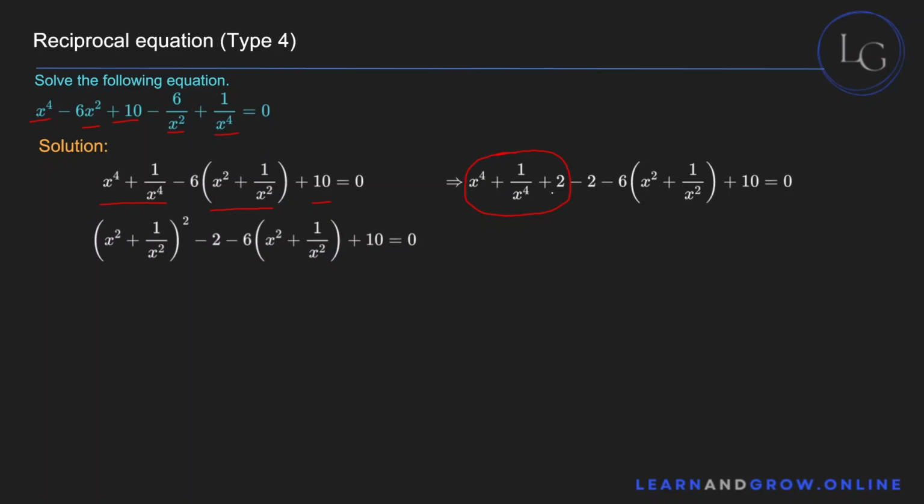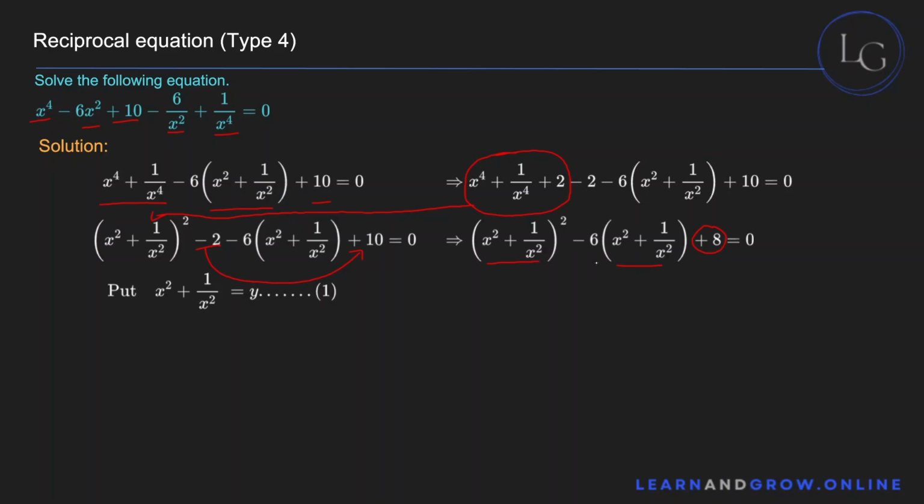Why? Because this becomes this. And now you'll take the minus 2 on this side and you'll subtract 10 with 2 and you'll get 8 over here. And now basically these terms and these terms are same.